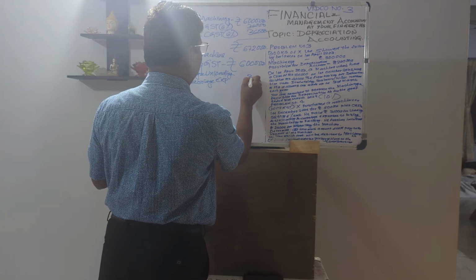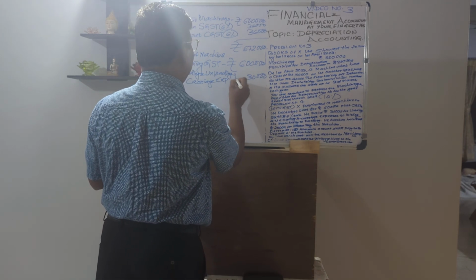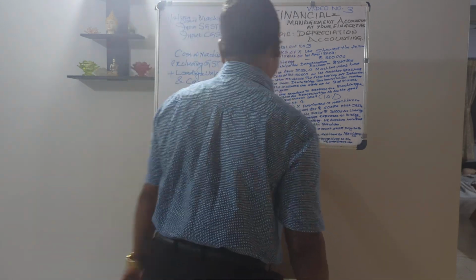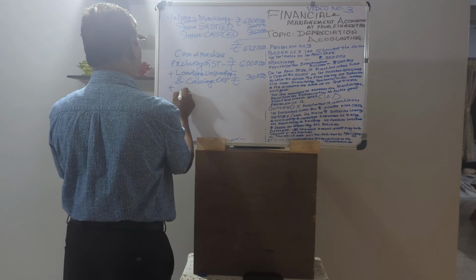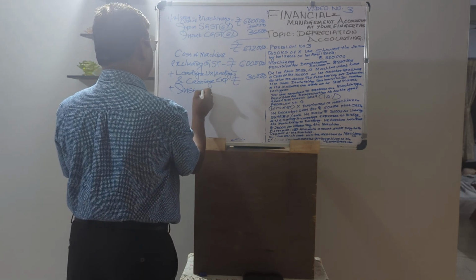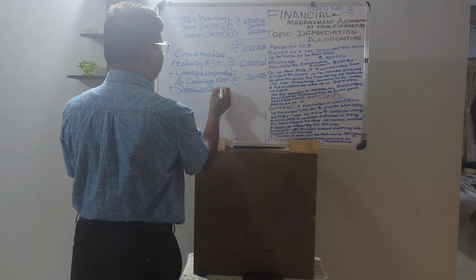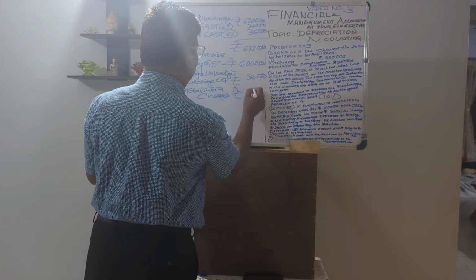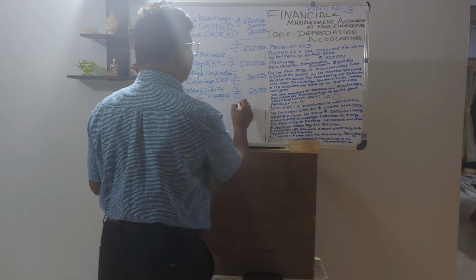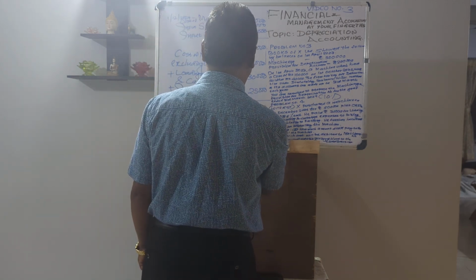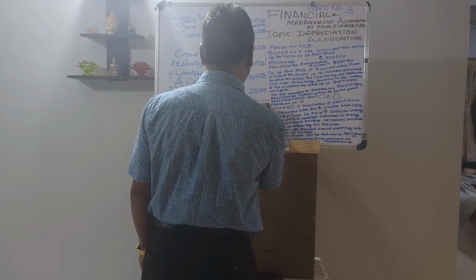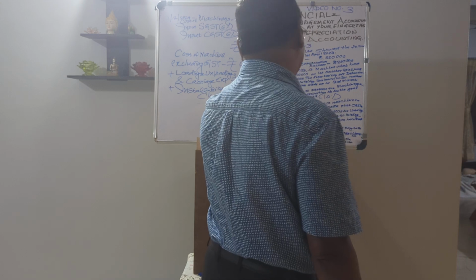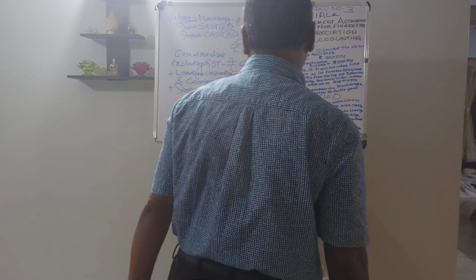The amount is 30,000. He further incurred 25,000 for installation of machinery, that is, plus installation charges, also 25,000. So the machinery account will be debited with 6,55,000.